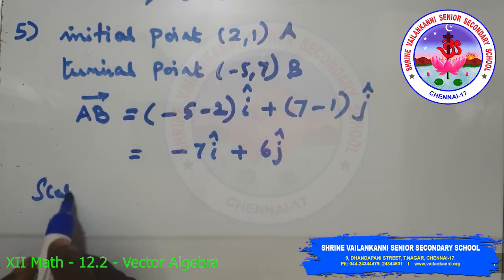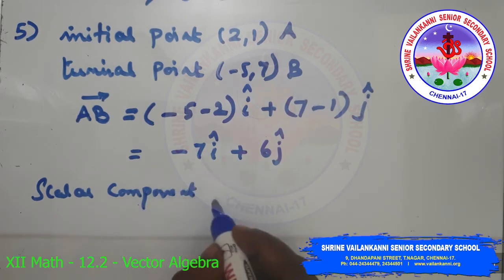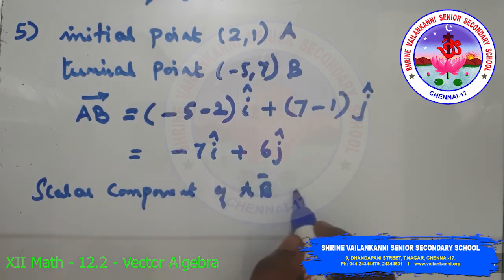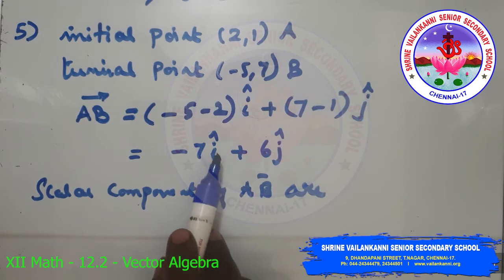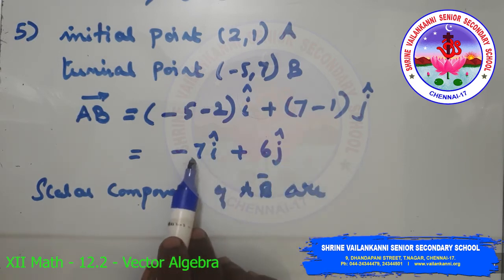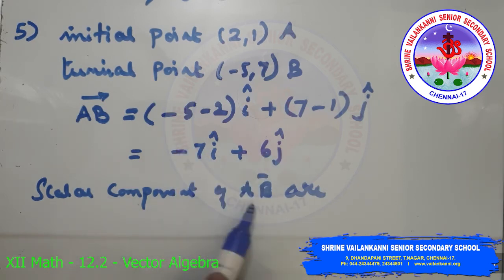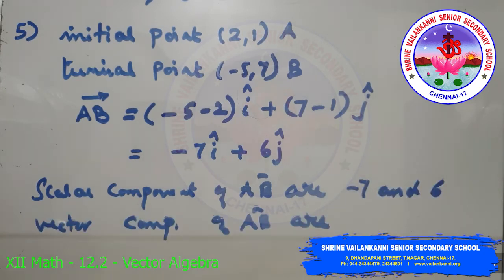So scalar components of AB are the coefficients of i and j, that is x, y, z. Here x is -7 and y is 6. So the scalar components of AB are -7 and 6.